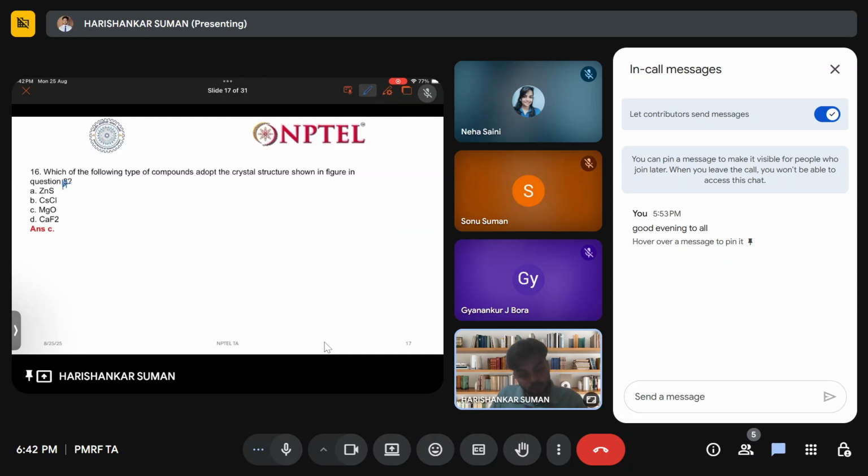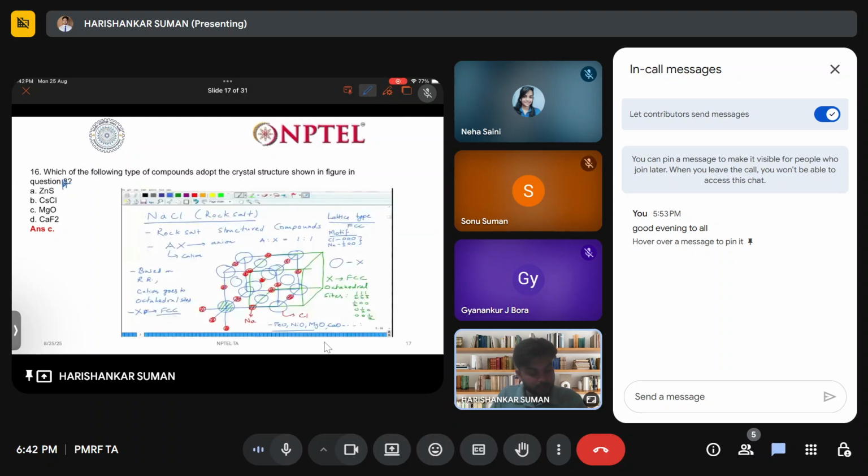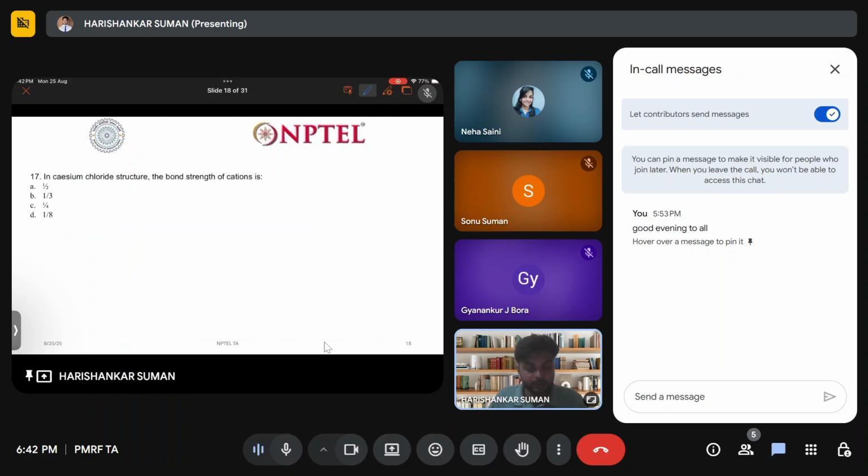This is also rock salt like NaCl, which has a corner with a bigger anion and cation at the center as well as the edges. Okay, let's see the next question.